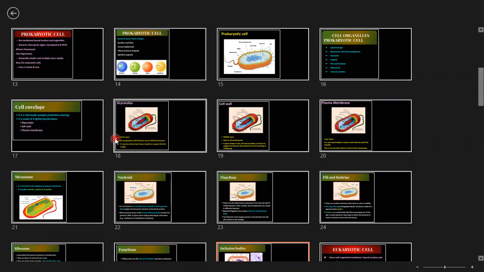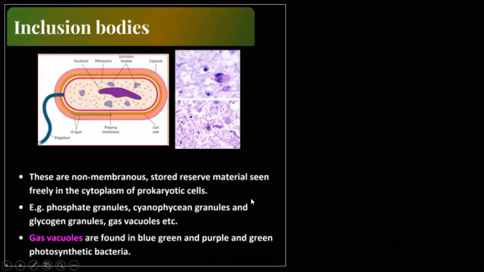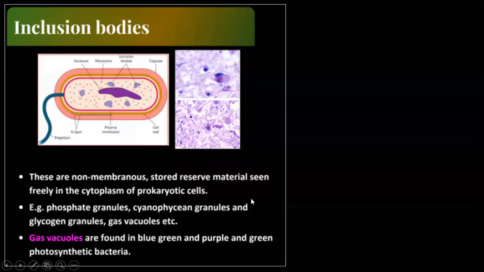Then we moved on to the cell organelles, starting with glycocalyx, cell wall, plasma membrane, mesosome, nucleoid, flagellum, pili and fimbriae, ribosome and its functions, then inclusion bodies. These are all about prokaryotic cells. Clear with that?